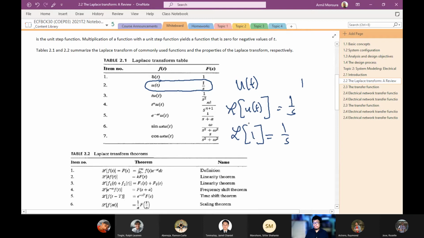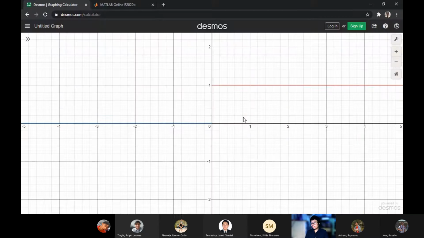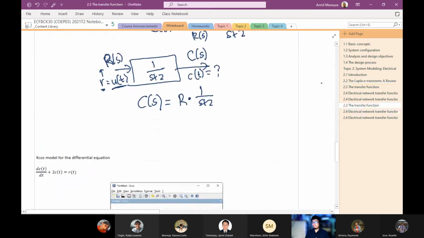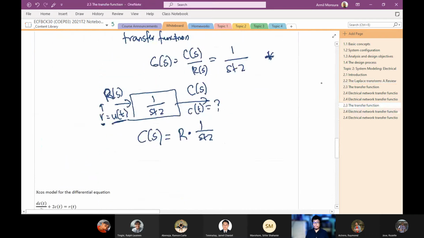Going back to what we are doing, this is your r(t), which is given as u(t), and we need to obtain R(s), which means we have to obtain the Laplace transform of this. Therefore, R(s) equals 1 over s.